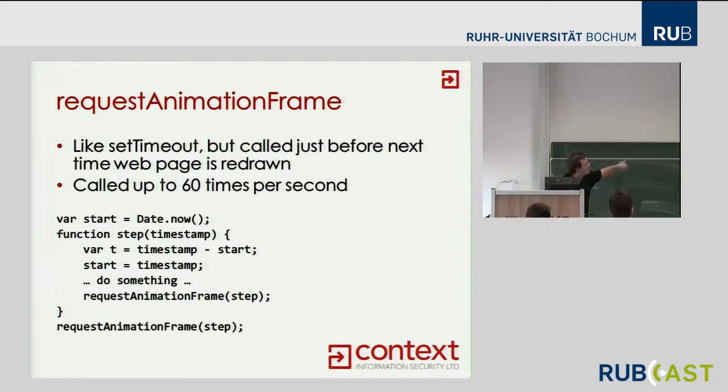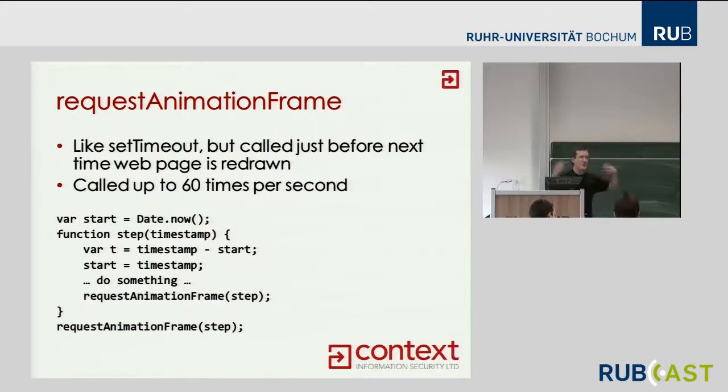This JavaScript here uses request animation frame to measure the frame rate. It's very, very simple code, but essentially what you end up with is the variable t there, and that's the time it took since the last frame was rendered.